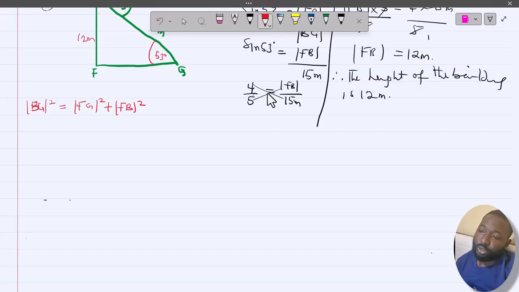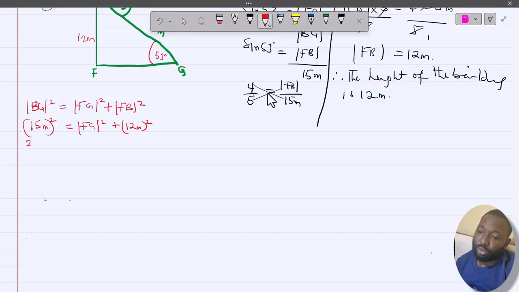So here the longest side becomes 15 meters all squared is equal to FJ squared plus 12 meters all squared.